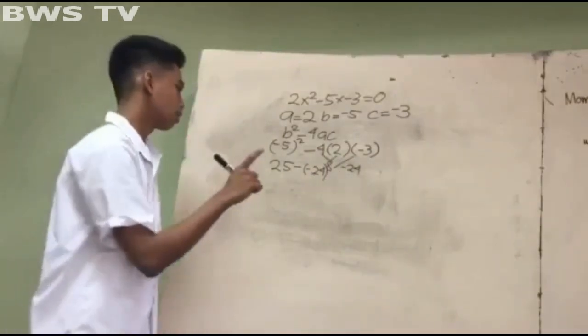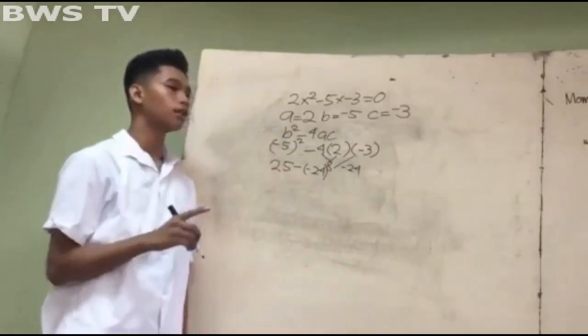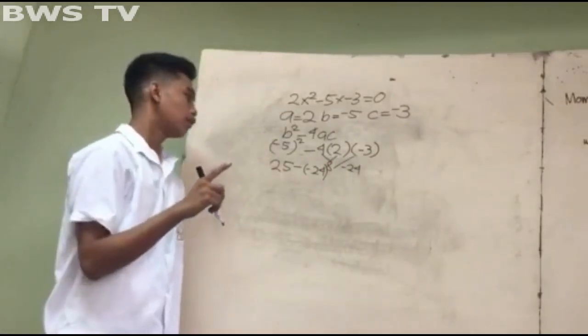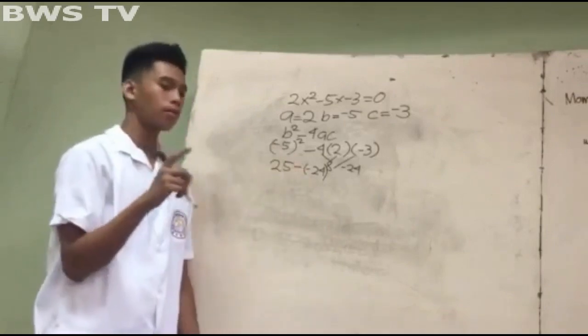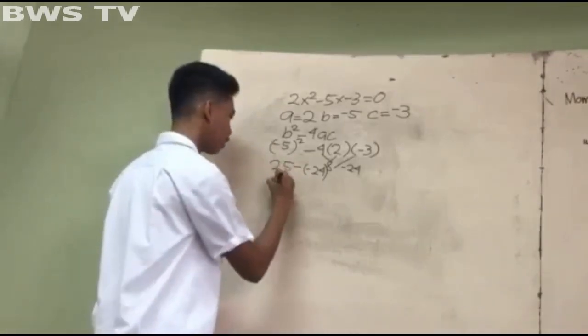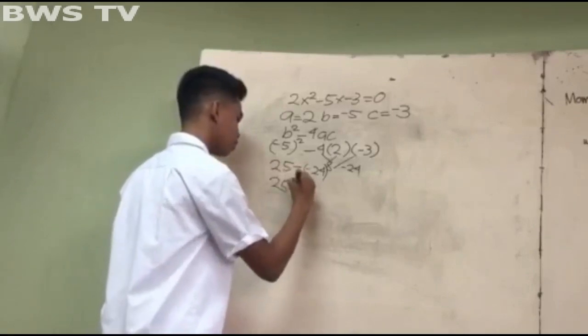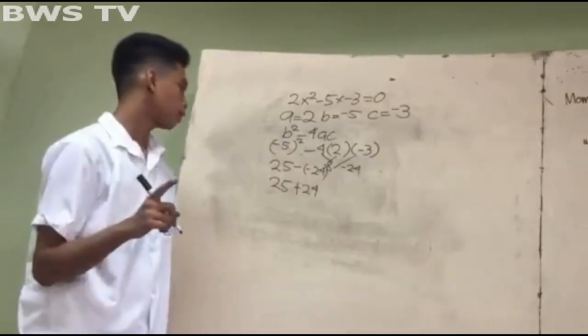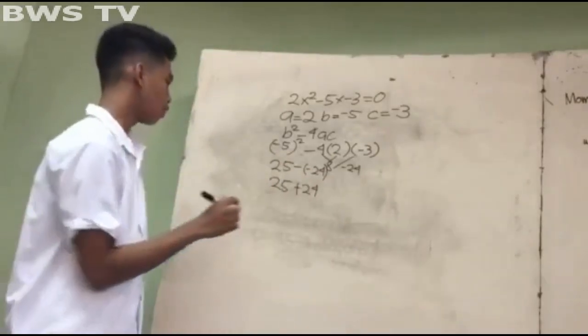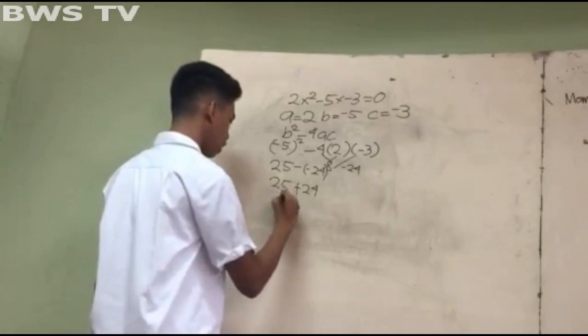After that, in the rules for subtracting integers, if two negative signs are beside each other, they will become plus. So 25 plus 24, and then you will simplify. 25 plus 24 is 49.